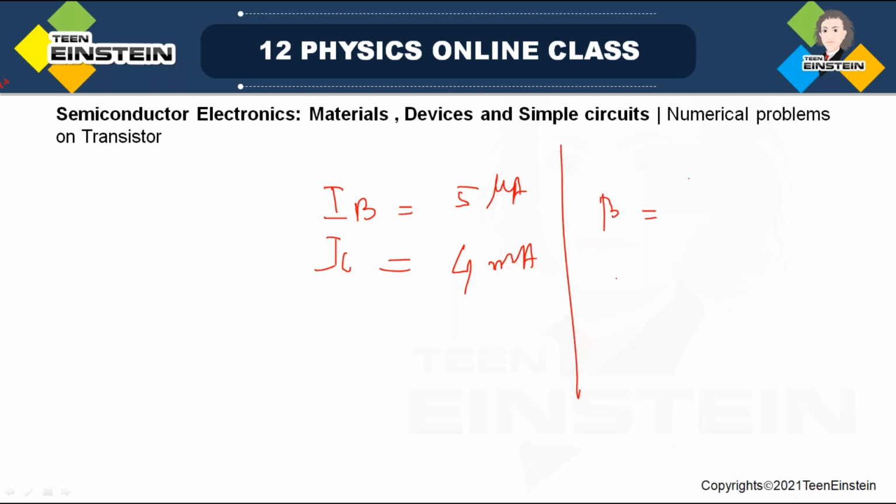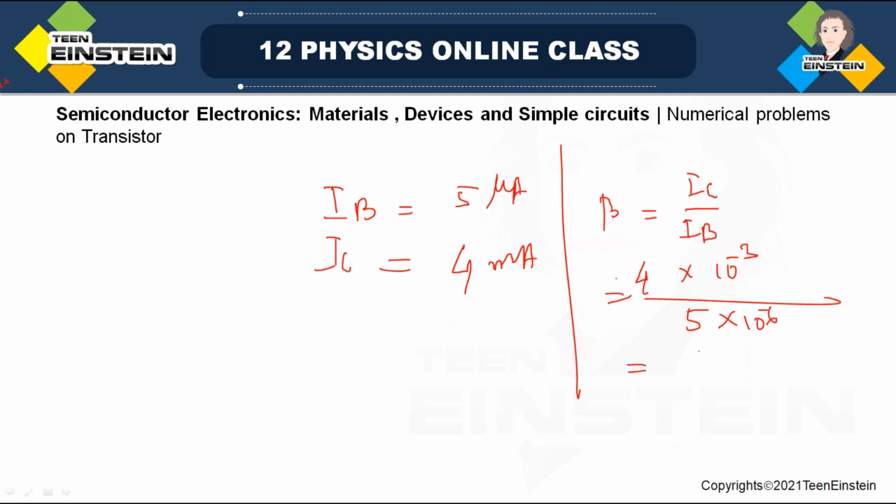Beta is IC by IB. So what is IC? 4 into 10 to the power minus 3 divided by 5 into 10 to the power minus 6.